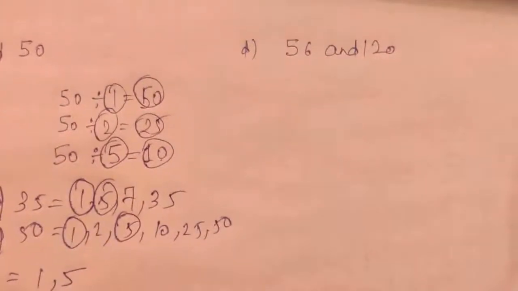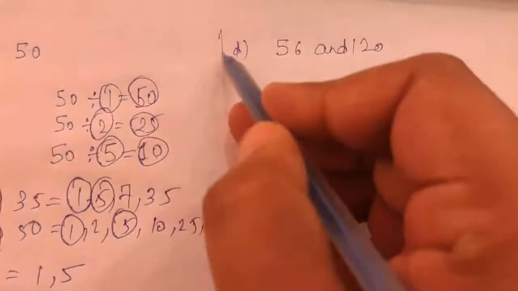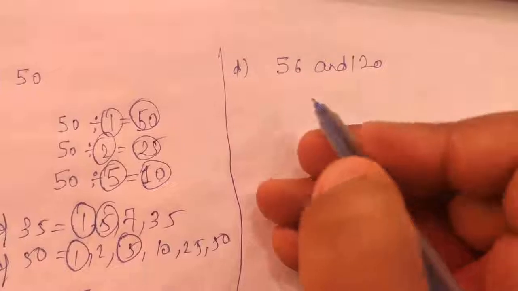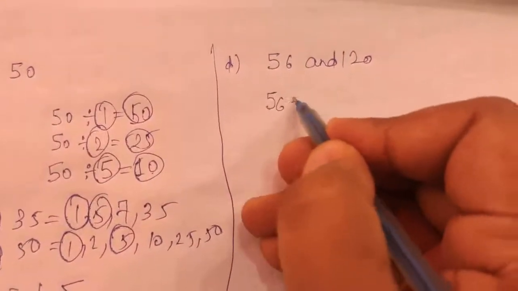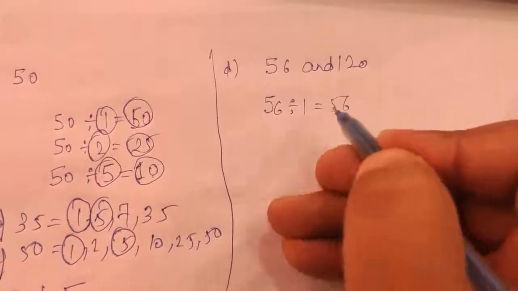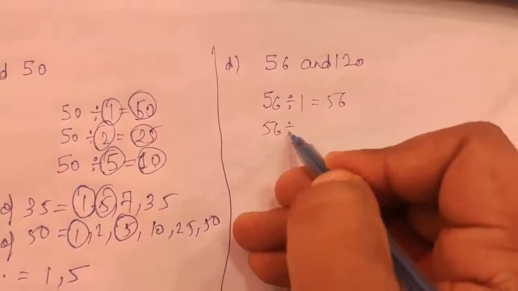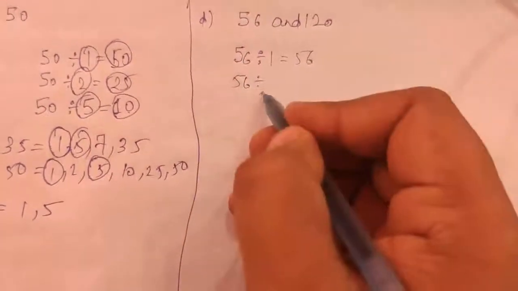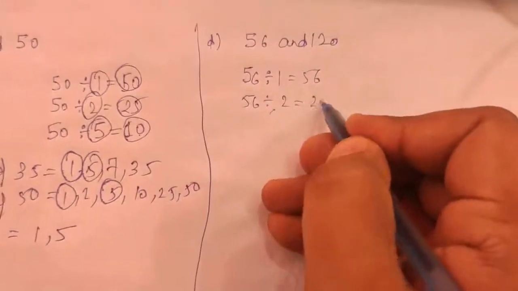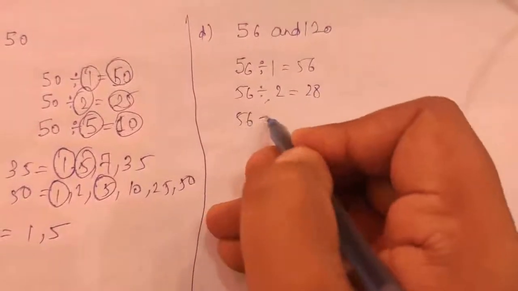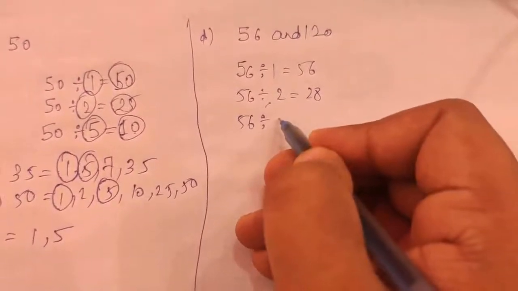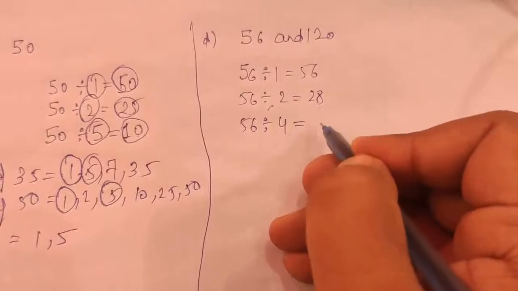It is 56 and 120. So we will find 56 divided by 1, then we get 56. Then 56 divided by 2, then we get 28. Then 56 divided by 3, no, it is not divisible by 3, then we will divide by 4.